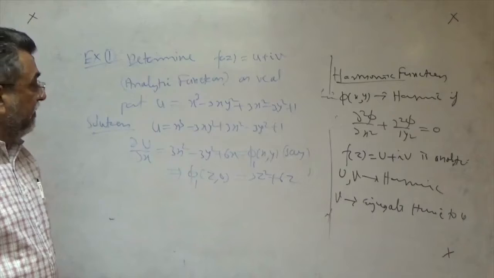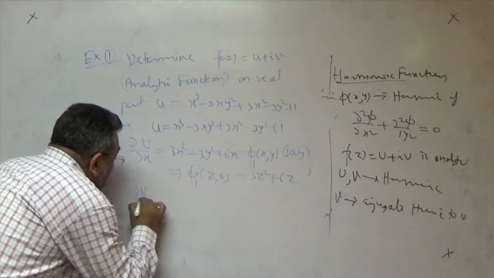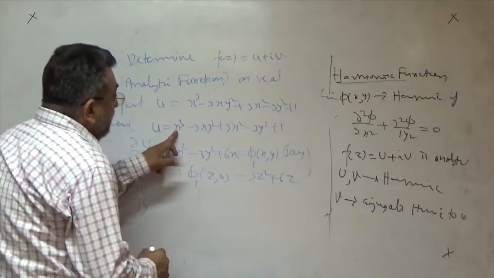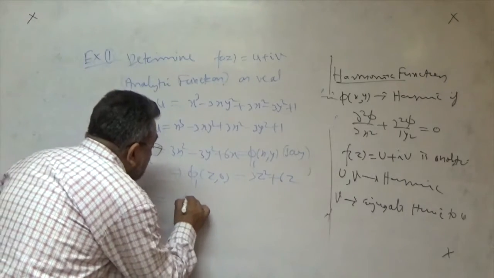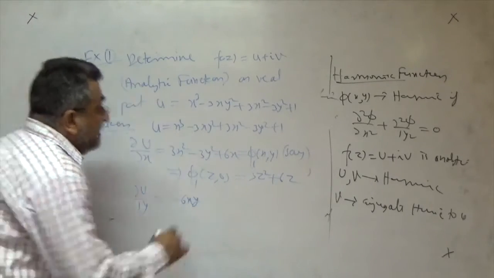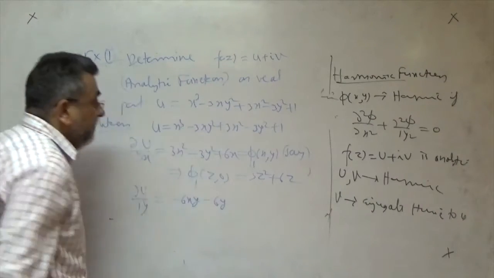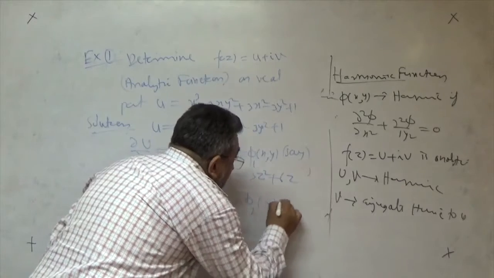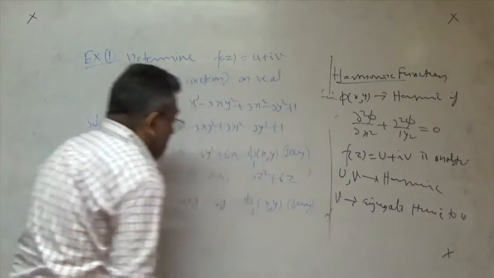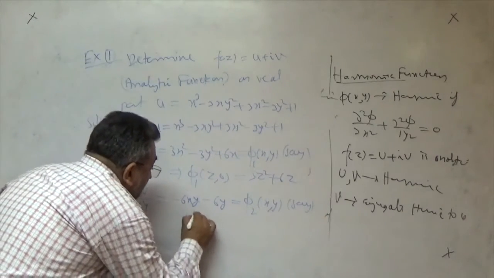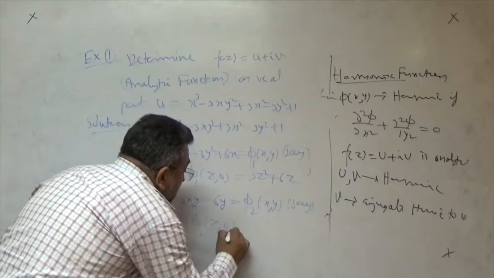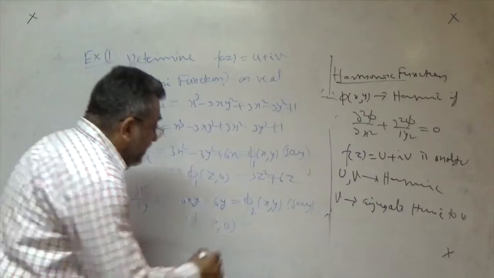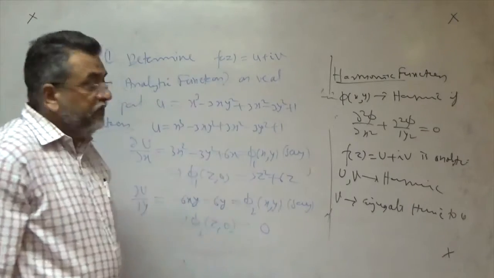Similarly, we find the partial derivative of u with respect to y. That is, the first term is 0, the second is minus 6xy, and then 0 minus 6y. Take this as phi 2 of (x, y). So, from here we can obtain phi 2 of (z, 0) by putting x equal to z and y equal to 0. So, this is 0.